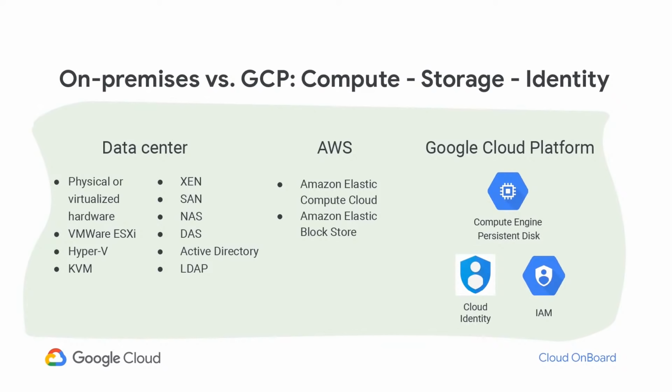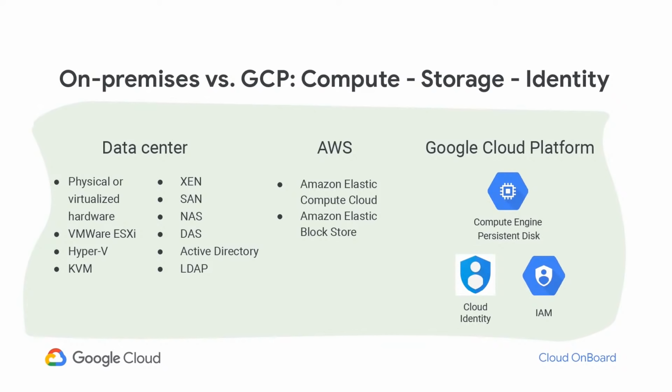Typically, when you have an on-prem resource, you have some kind of Active Directory or LDAP servers which maintain the identity access for you, and they need to remain highly available at all points of time, because if something goes wrong with them, then you will lose access to your environment.